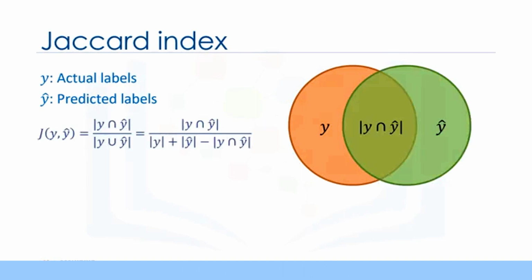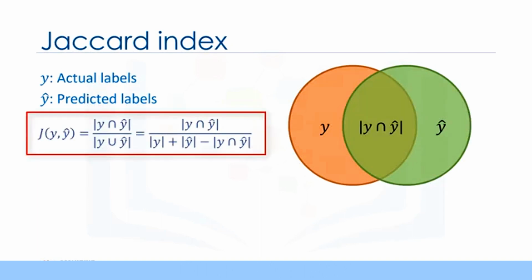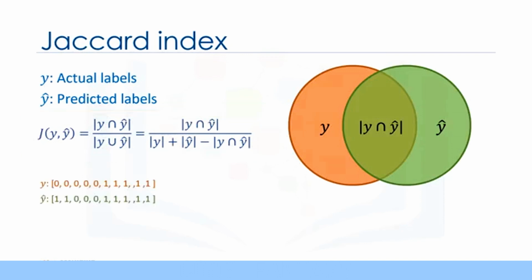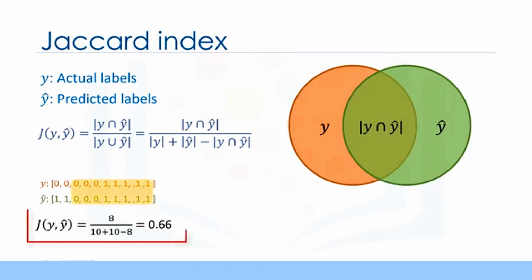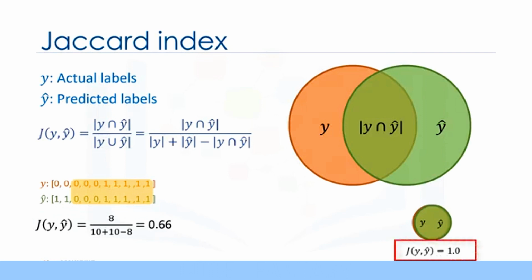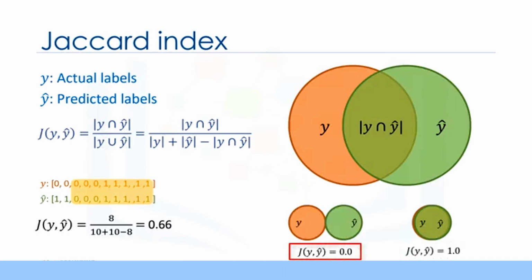Then we can define Jaccard as the size of the intersection divided by the size of the union of 2 label sets. For example, for a test set of size 10 with 8 correct predictions, or 8 intersections, the accuracy by the Jaccard index would be 0.66. If the entire set of predicted labels for a sample strictly matches with the true set of labels, then the subset accuracy is 1.0. Otherwise, it is 0.0.